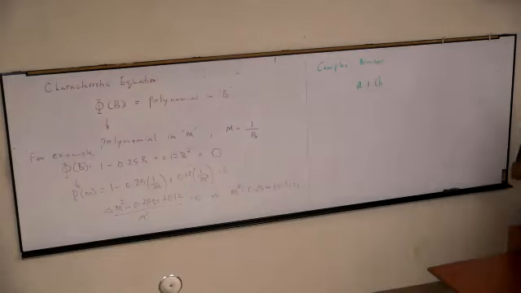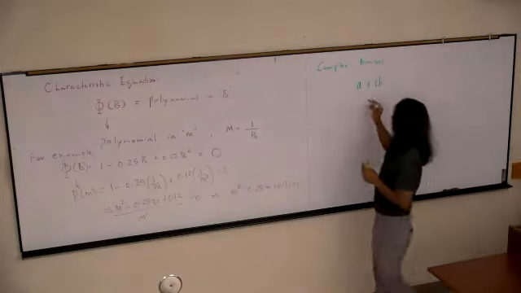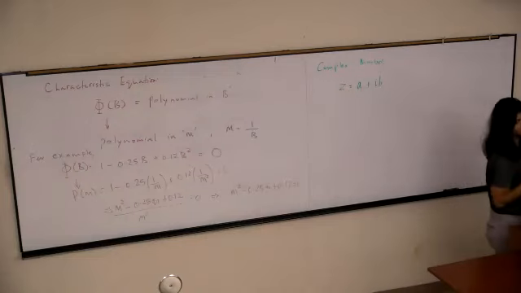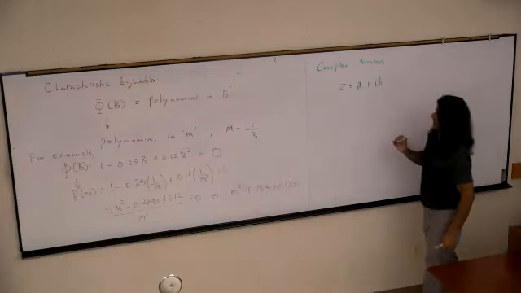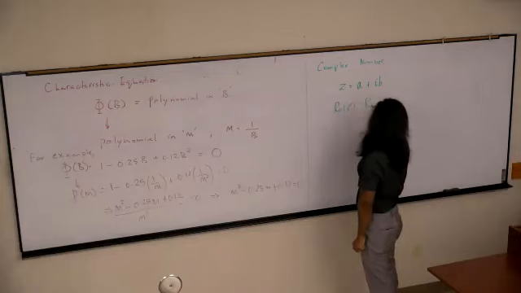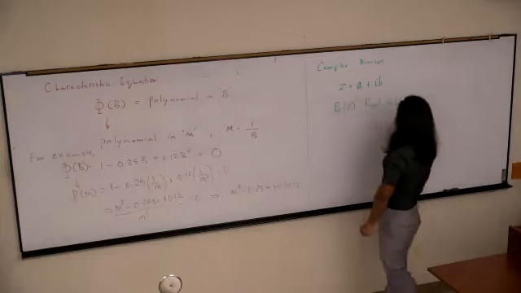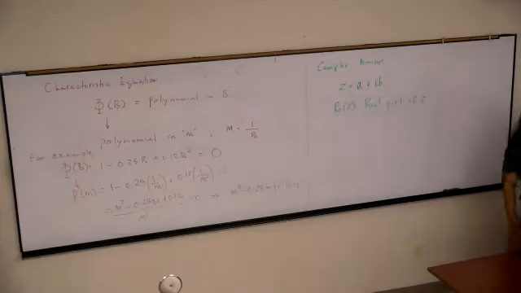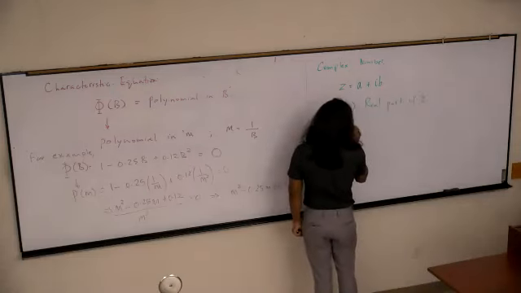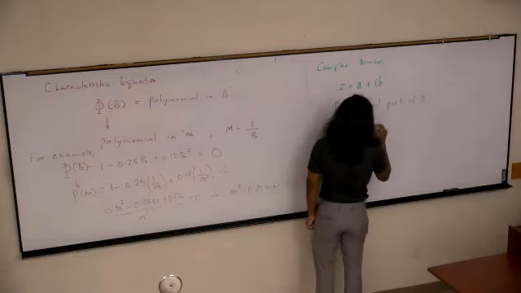Oftentimes, people denote a complex number using the letter Z. So we'll stick with that. The real part of Z is Re of Z, and Im of Z is the imaginary part.